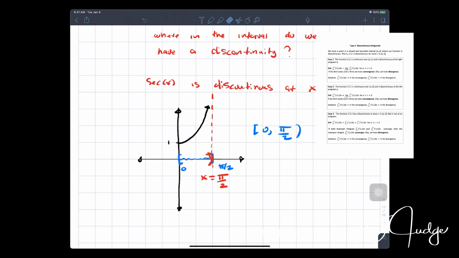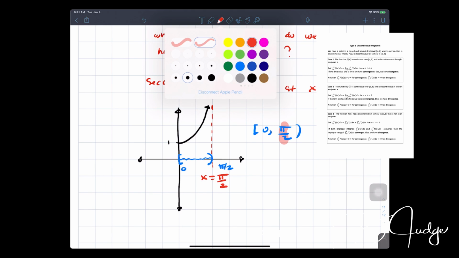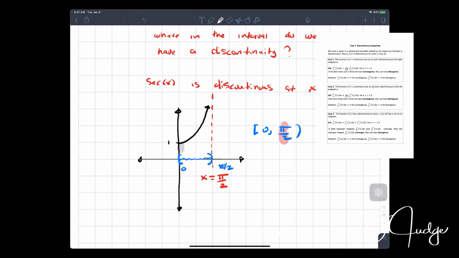And this is what you're going to have. You're going to have a situation here where the function is going to be discontinuous at an endpoint. In this case, it's at the upper limit value of b. So it's discontinuous right here. Okay? So this is the situation. We're still trying to find the area under that curve.